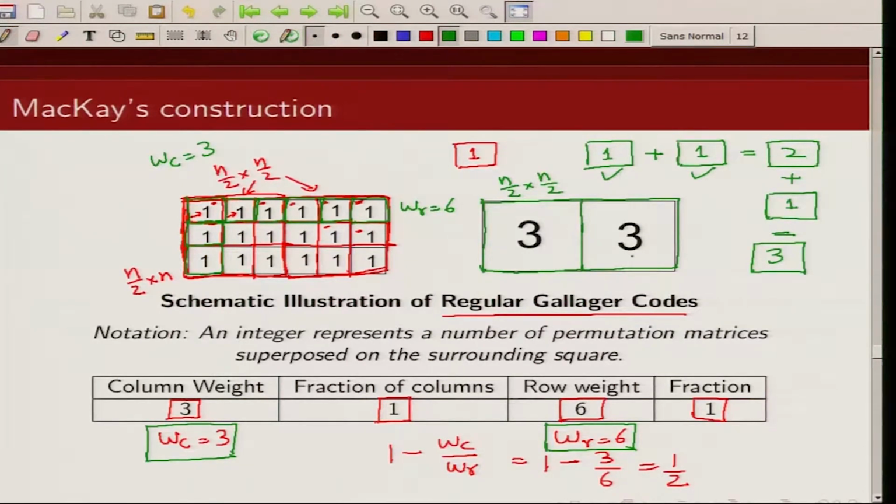I can get another matrix which will have 3 ones in each row and 3 ones in each column, and this will ensure that each column of this matrix will have column weight 3 and each of the rows of this matrix will have row weight 6. So, this is another way I can use the permutation matrices to construct my regular LDPC code.